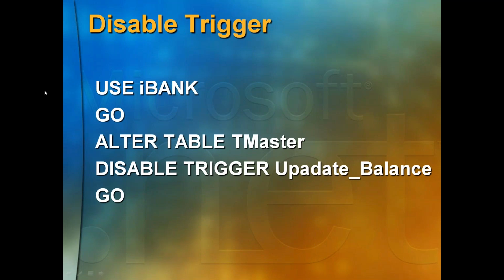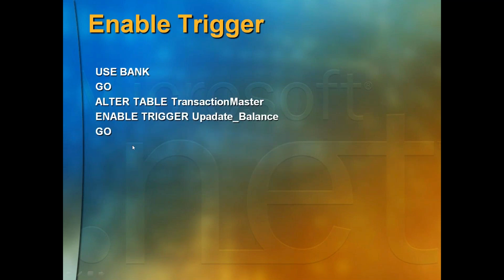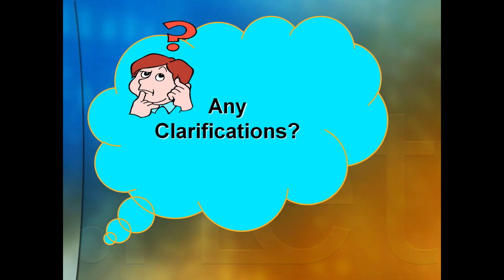Right click and disable, or you can write this code as well: alter table, disable trigger, the trigger name. Alter table transaction master, enable trigger, trigger name. So using code, you can disable and enable a trigger. Triggers are very, very bad for performance.